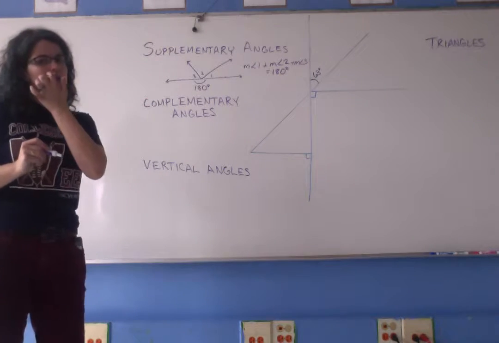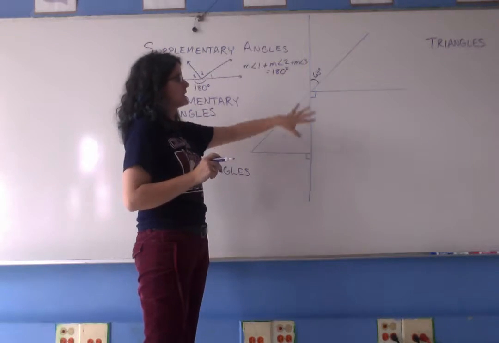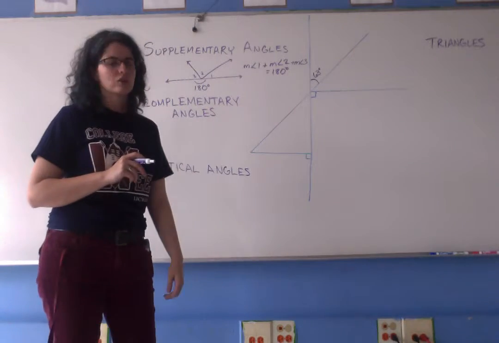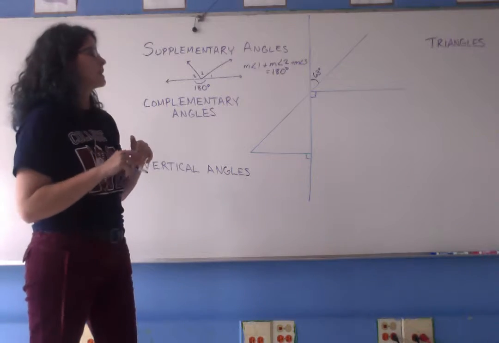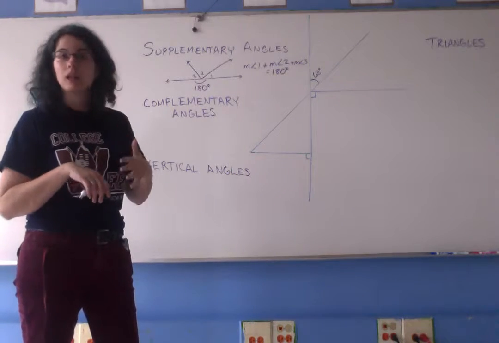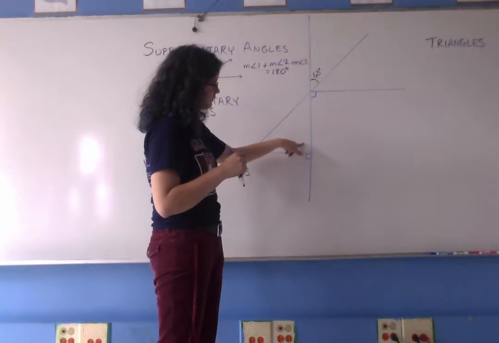I want to see if I can use this to find any angle relationships here that are supplementary that I could use to start solving. So I want to look for lines that are being intersected by other lines or other line segments. I notice I've got a line here.